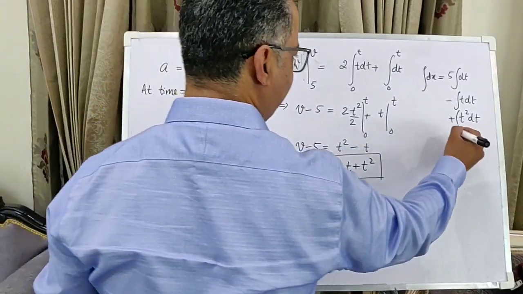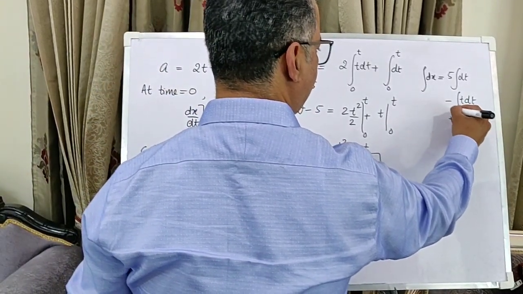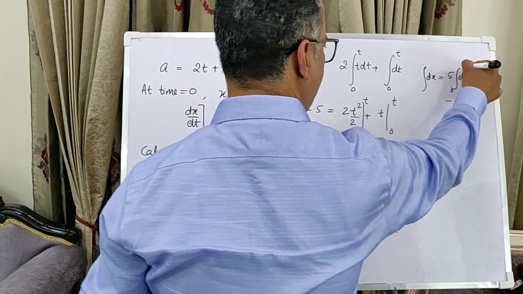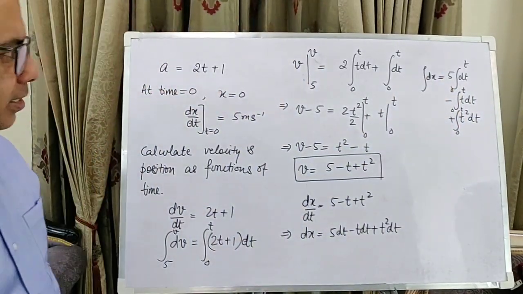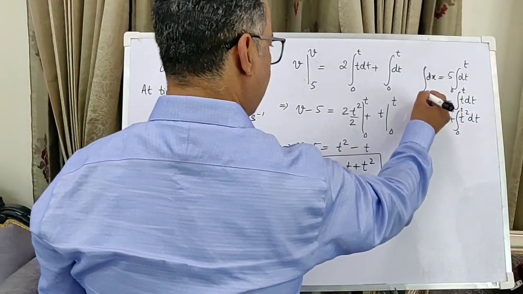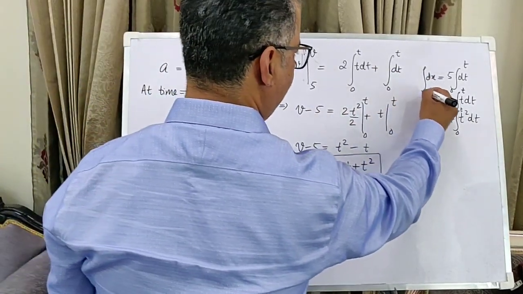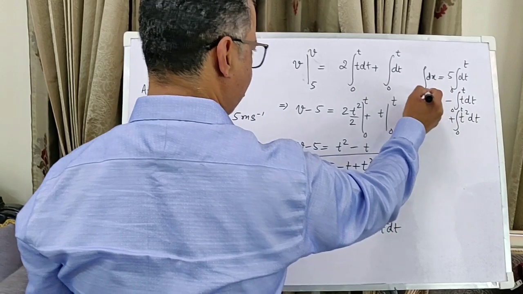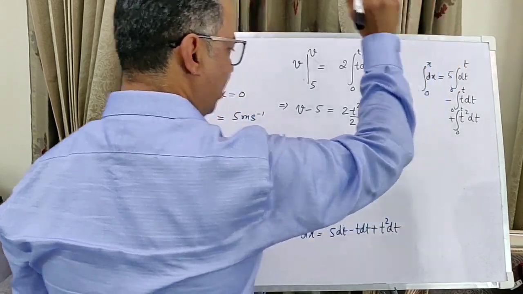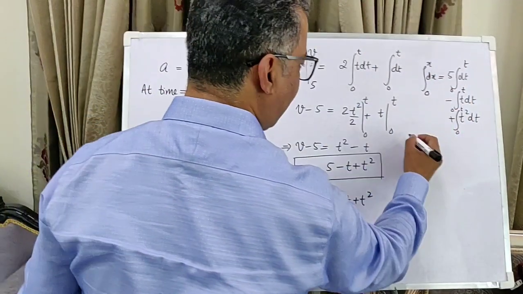Limits for time 0 to t, 0 to t, 0 to t, and limits for x at time equal to 0, x was 0, so we start with 0, 0 time, x is 0, t time, it's x.